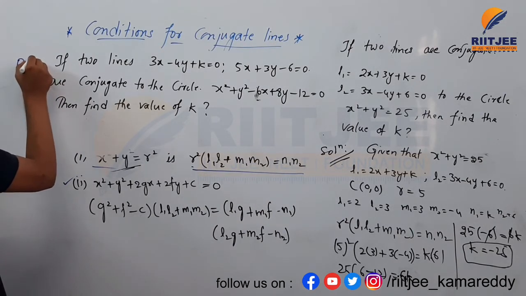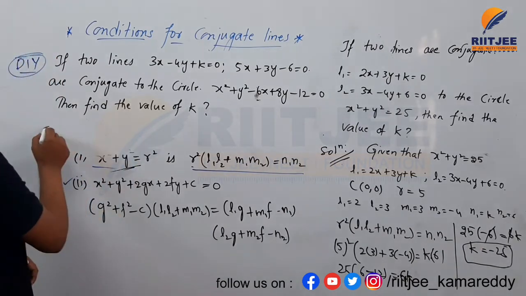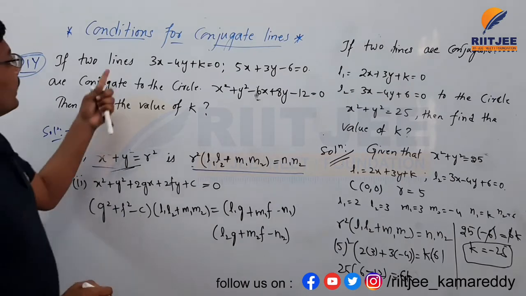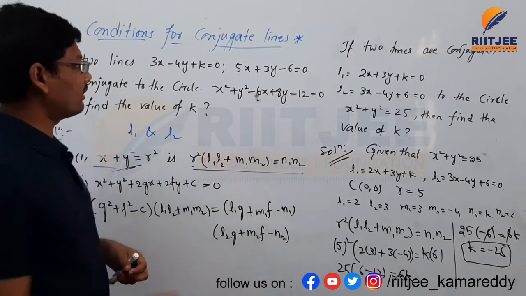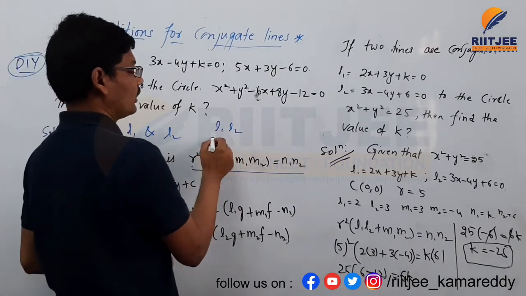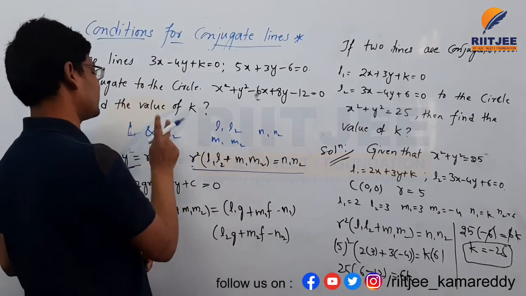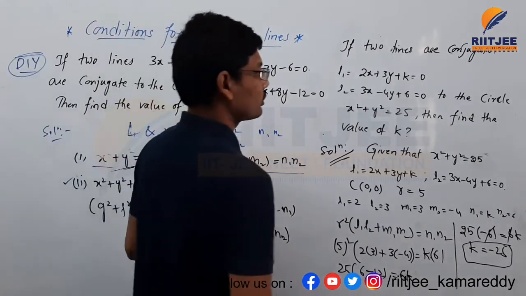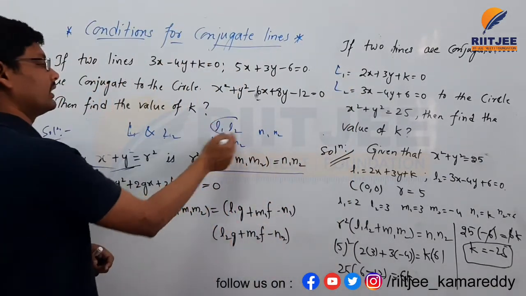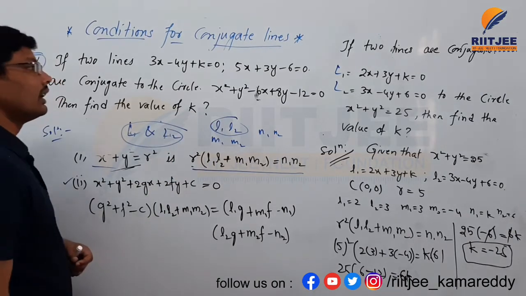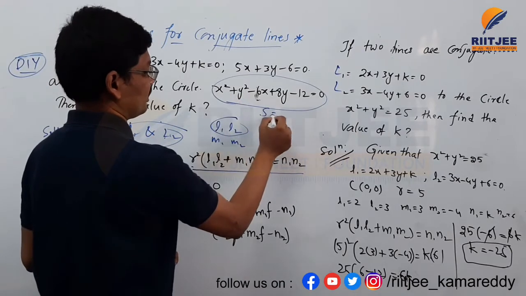I am explaining this question simply. Here we are given the L1 line and the L2 line. From these we will get L1, L2, M1, M2 and N1, N2. Consider this is capital N, and capital L, so we can easily differentiate between them. We are also given a circle equation S is equal to 0.